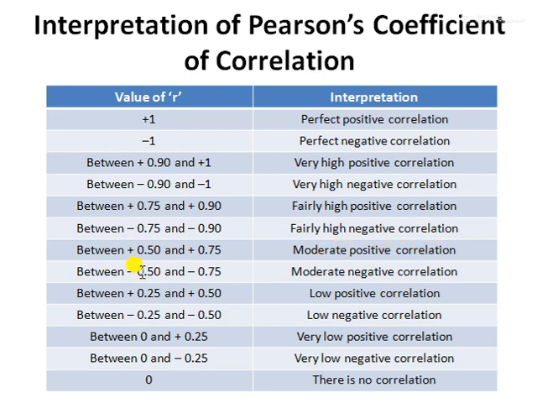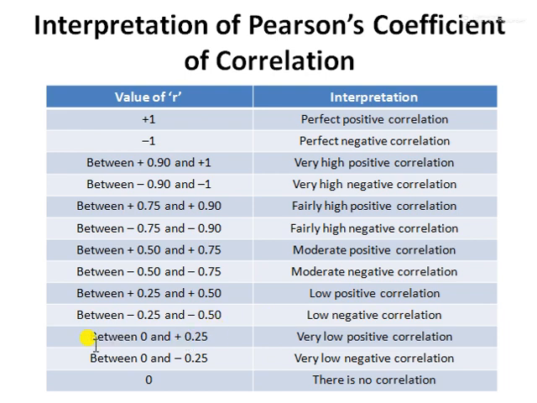If it lies between minus 0.5 and minus 0.75, there is moderate degree of negative correlation. If r lies between 0.25 and 0.50, there is low degree of positive correlation. If it lies between minus 0.25 and minus 0.5, there is low degree of negative correlation.